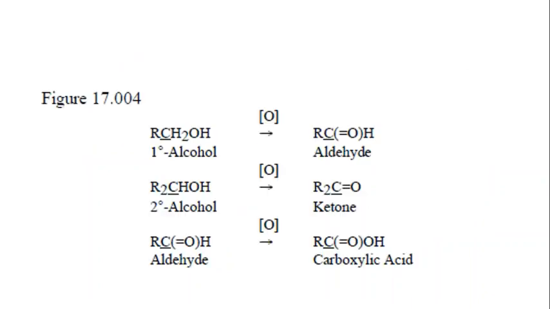Suppose we are talking about the primary alcohol, it will change into the aldehyde, and if we do not stop this reaction, it can go ahead towards the carboxylic acid.